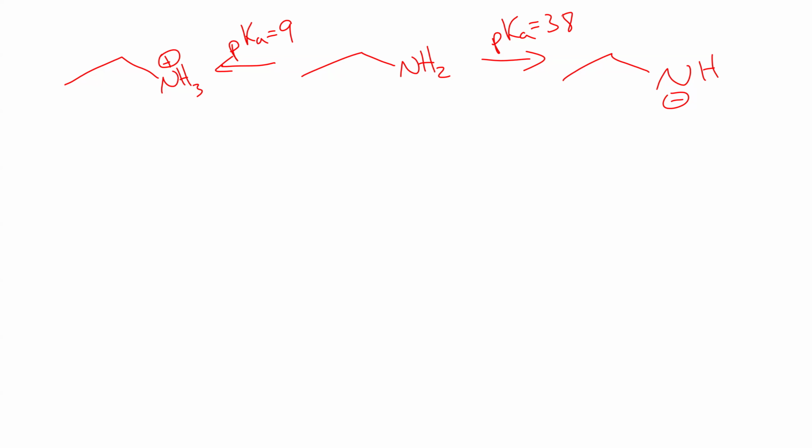If we have an amine and the pH is between 9 and 38, it's going to be in this form. If the pH is less than 9, it's in the most protonated form. And if you ever manage to get the pH above 38, we can deprotonate it all the way. Not all the way, technically there's one left, but that one's on there so well, you're never going to be able to pull that one off. Right, so it's kind of a spectrum.